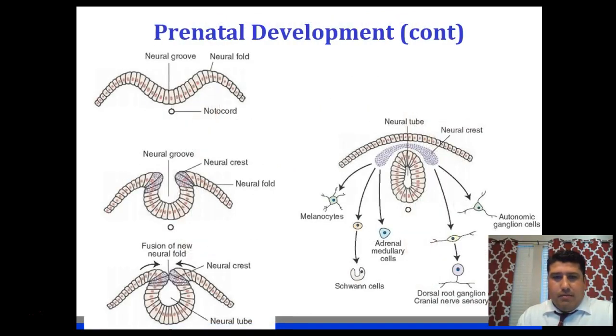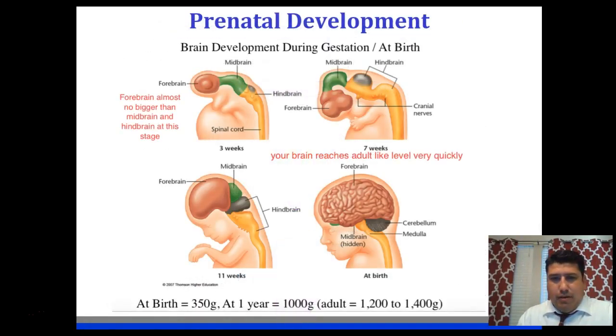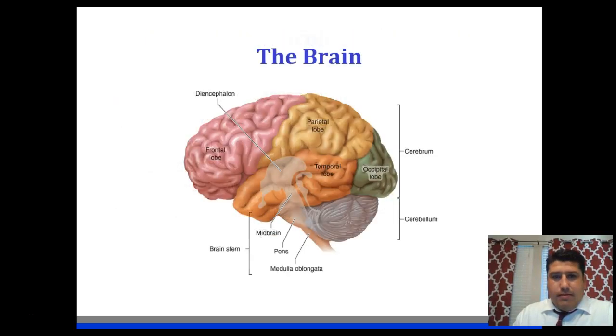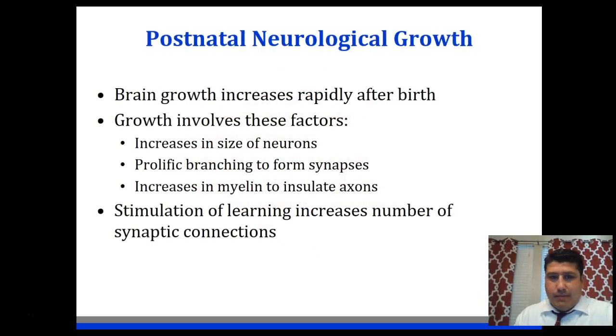You can see some pictures of how it develops. I'm not an expert in brain development or nervous system development. Really, I just want you to understand the basics. So, either physical inactivity or aging simply.